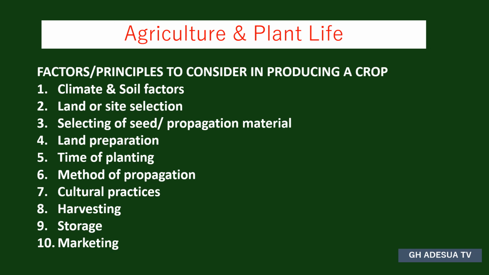Then the method of propagation, how the selected propagation material can be propagated. Then the cultural practices surrounding that particular crop are also very key. Then the harvesting process or procedure. Then you ask yourself, do you have a storage for it? And then how are you going to market this product?